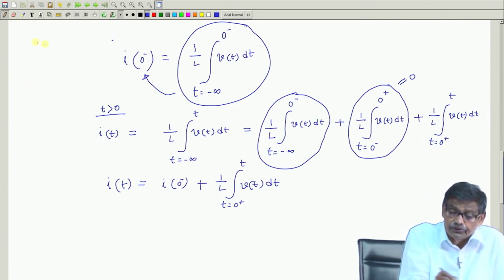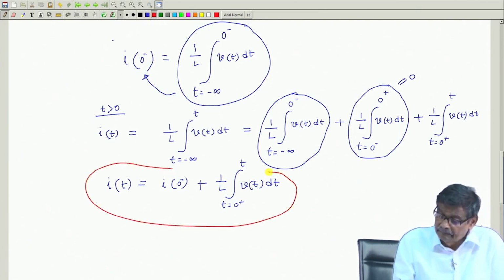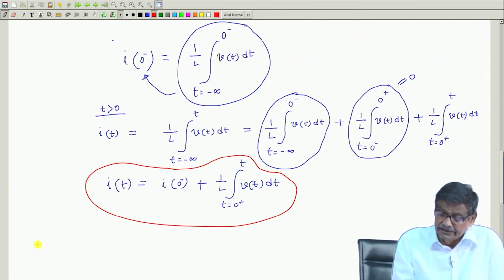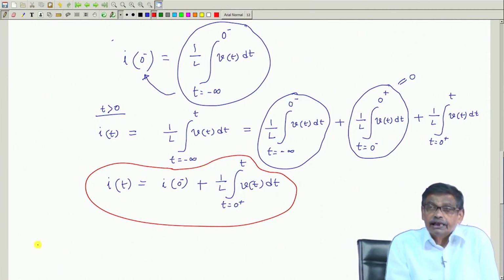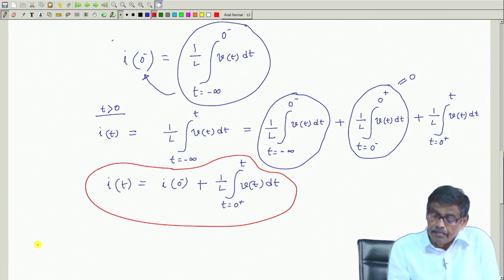So, this is the story of how the inductor current at any time t can be found if you have done some switching at t equal to 0.